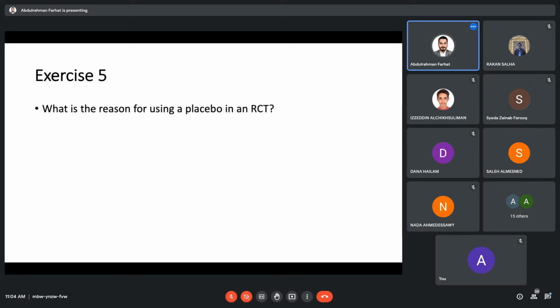For example, if you have two persons, you give one a medication, and the other you don't give anything. The other one will say, I'm not being given anything, I'm not taking anything, therefore he's expecting himself to worsen. Sometimes that's not true.